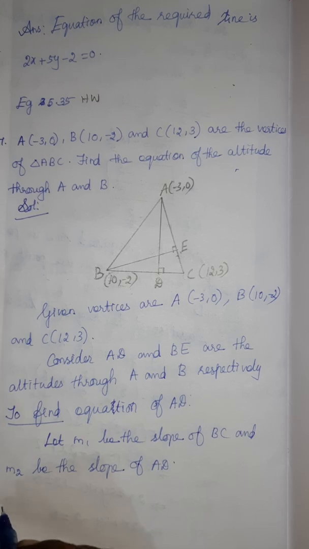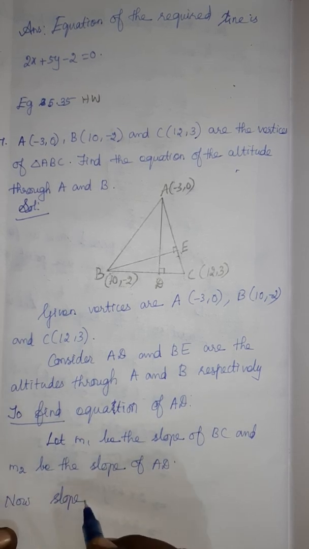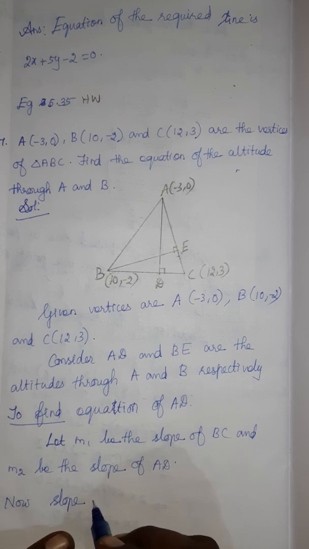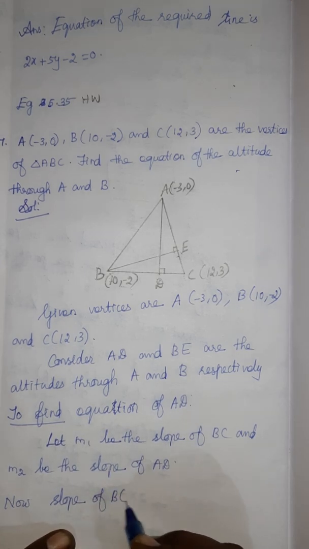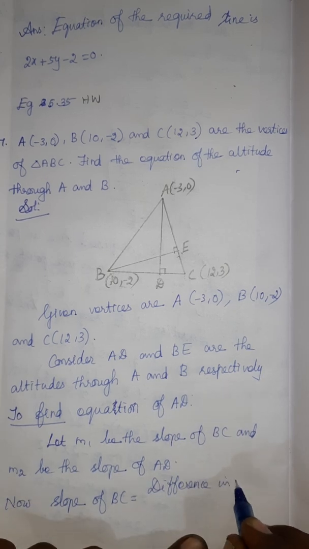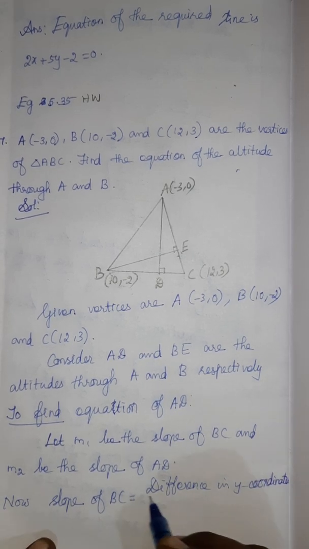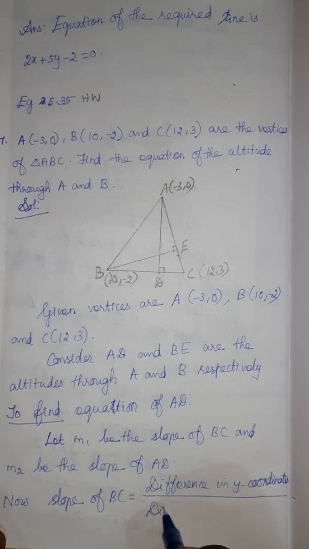Now the slope of BC is equal to difference in y coordinates divided by difference in x coordinates.